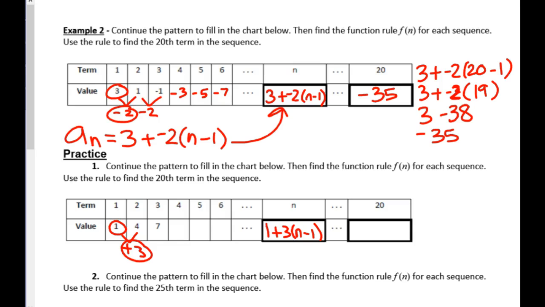Okay. And for this one, we're going to plug in 20. 1 plus 3, 20 minus 1. 1 plus 3 times 19. 3 times 19 is 57. And 1 plus 57 is 58.